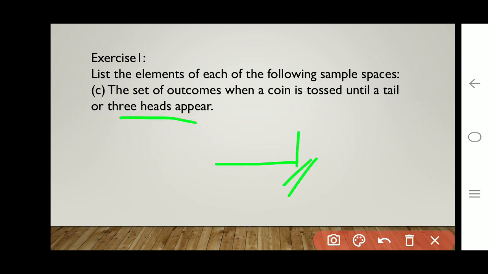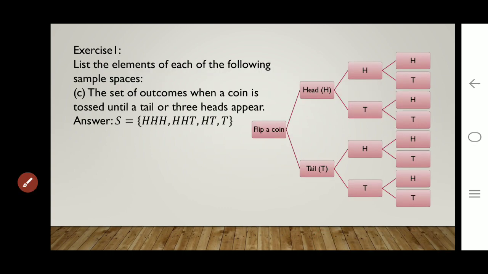Saka lang siya titigil mag-toss ng coin. Therefore, ano-ano nga ba yung set of outcomes niya or elements? Magko-construct lang tayo ng tree diagram. So, yung pag-flip natin ng coin, ito yung first flip. Halimbawa, ang lumabas is head, ito siya, and then, or tail naman.